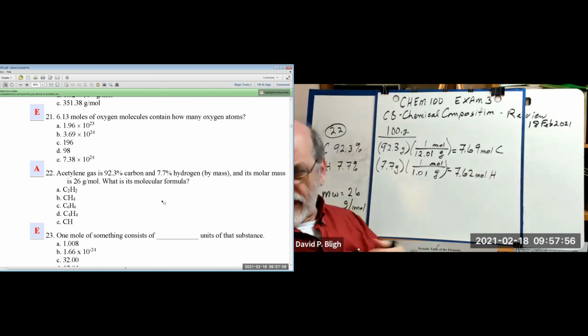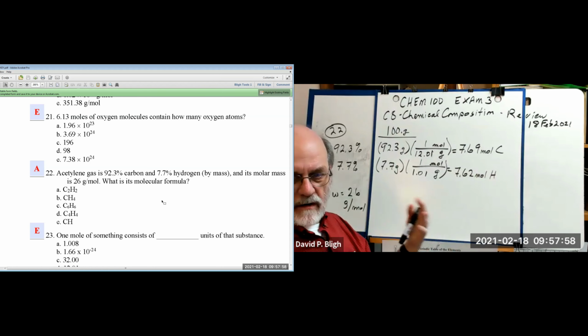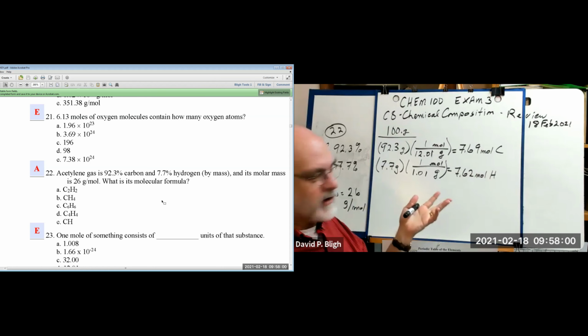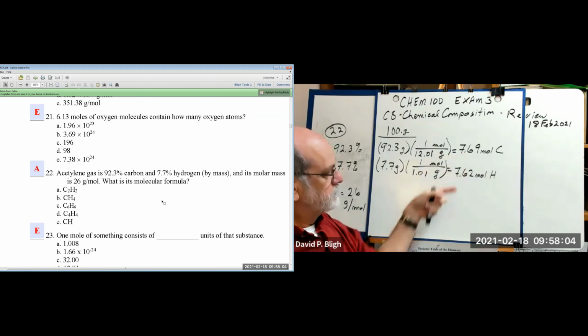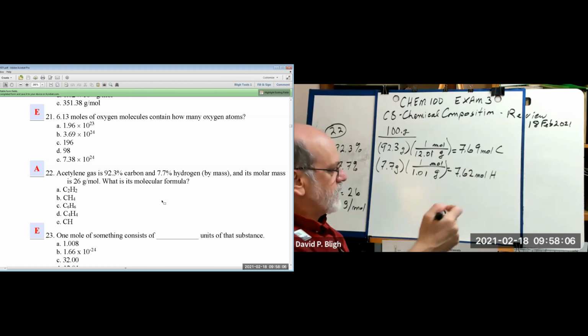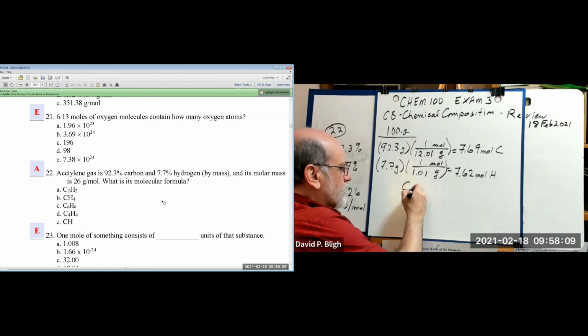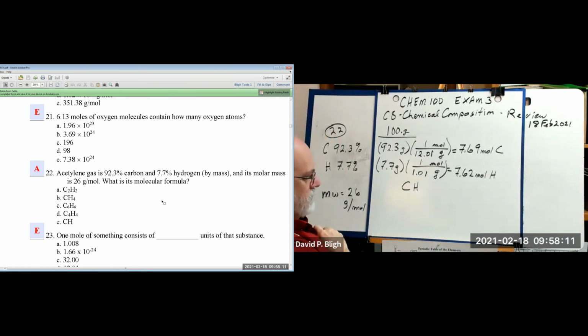So within experimental error and calculation rounding error, those are essentially 1-to-1, right? So we know our empirical formula is 1 carbon and 1 hydrogen.